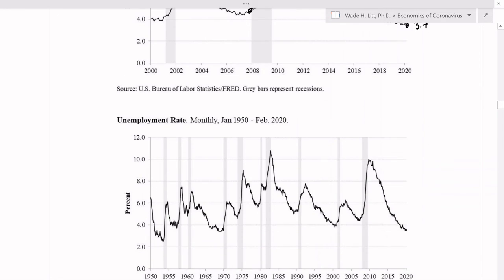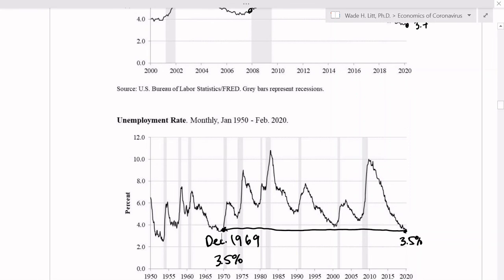And if you look here, we actually see that the current levels haven't been this low since back here in December of 1969. We had 3.5% unemployment, and we had 3.5% unemployment last fall and in January, I think.